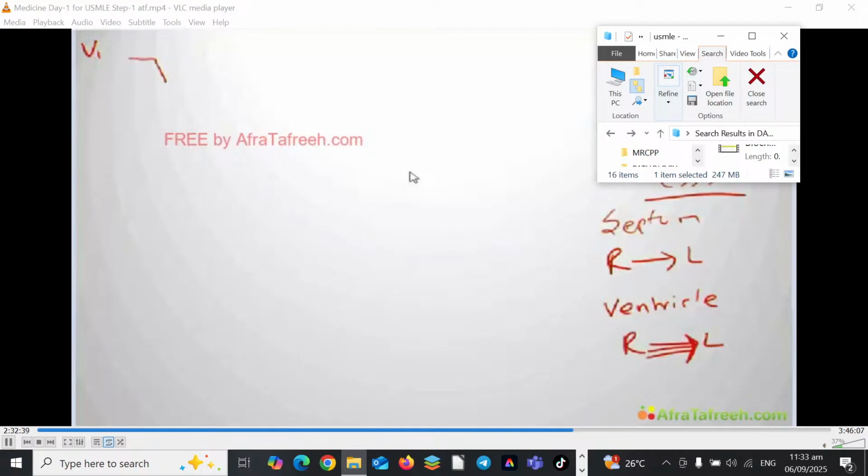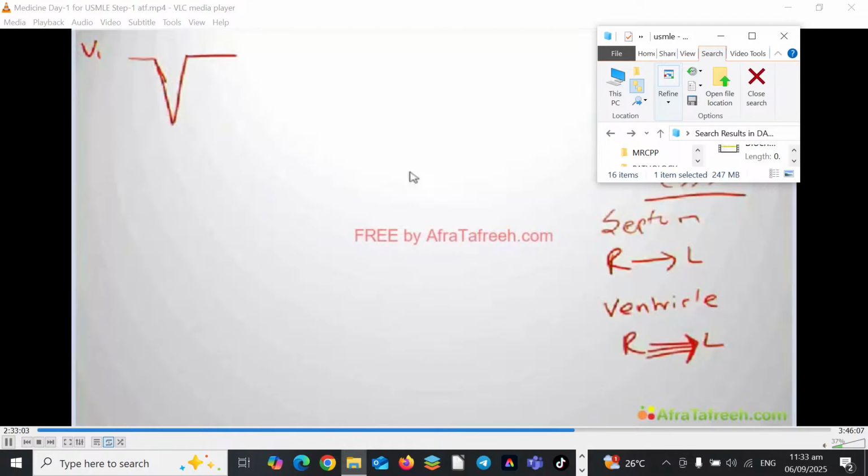What used to come in V1 after a negative deflection? V1 used to have a positive deflection that was called the R, and then a deep S wave because of the right to left contraction. Suddenly it has more negativity. So this would be a merged down wave like this.